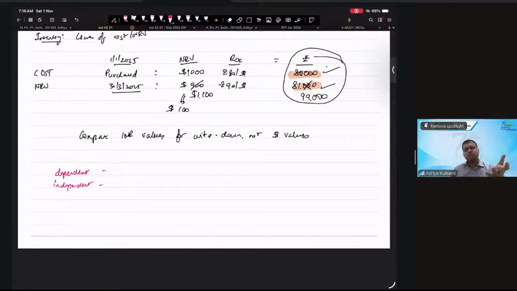Dependent we used to call under AS 11 as integral operations. It is integral to the parent setup, and independent would typically be a non-integral operation, and this is what you would be studying under AS 11.